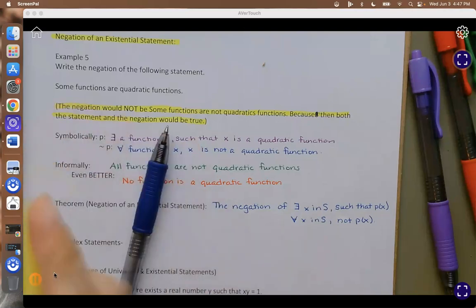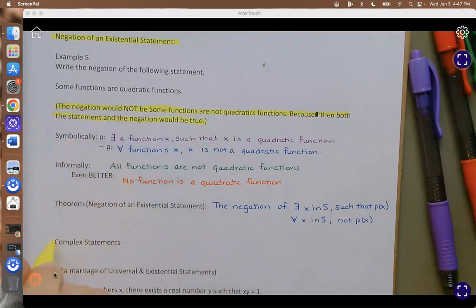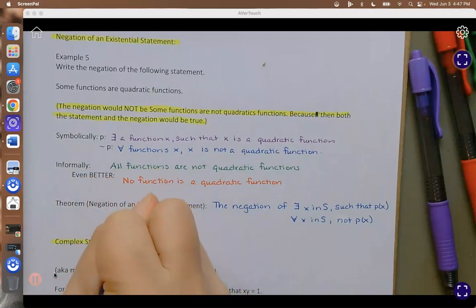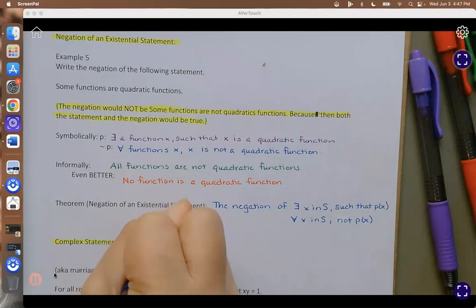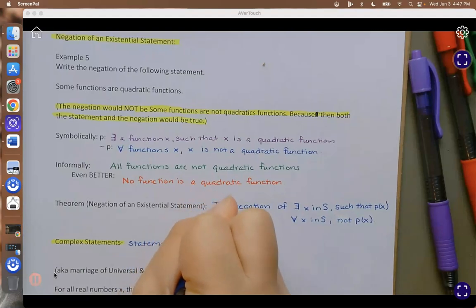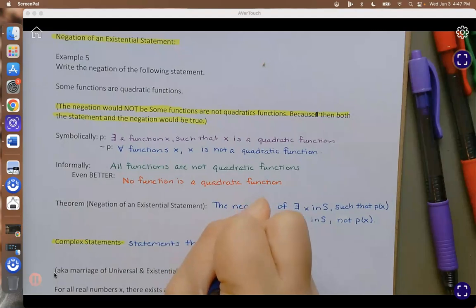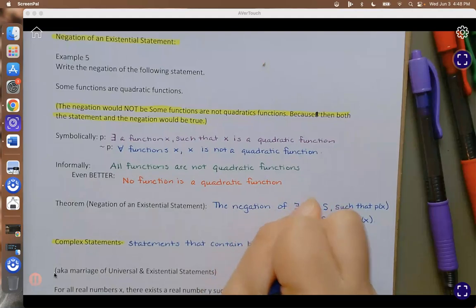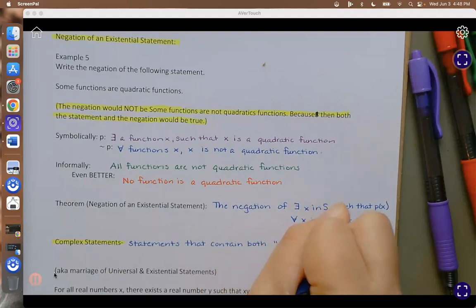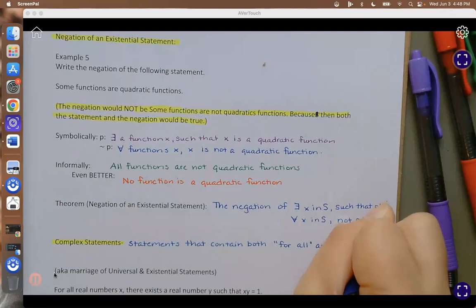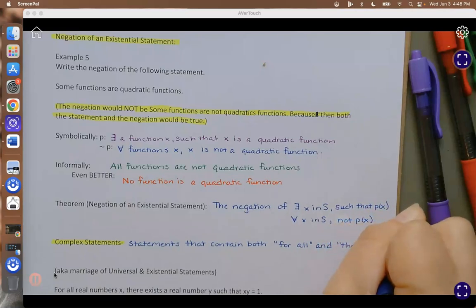Now, complex statements are statements that contain both for all and there exists.